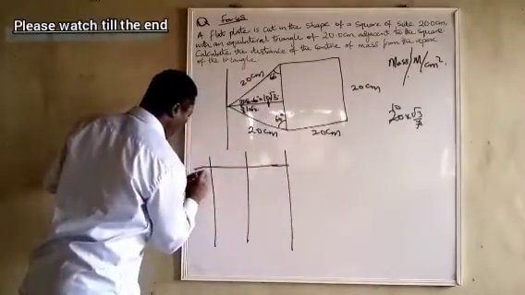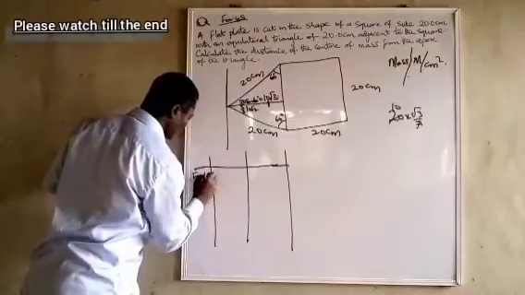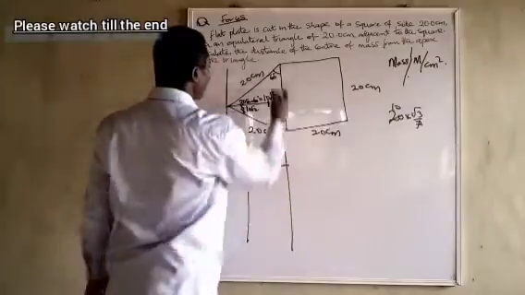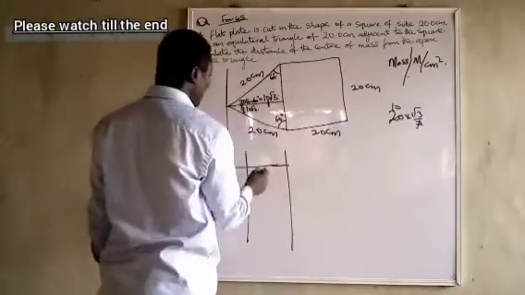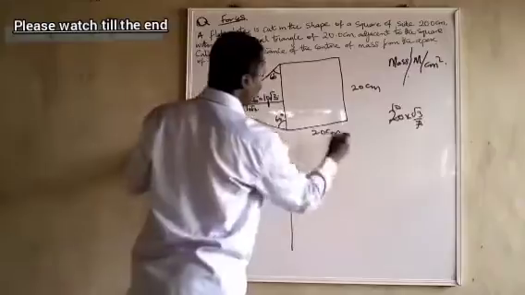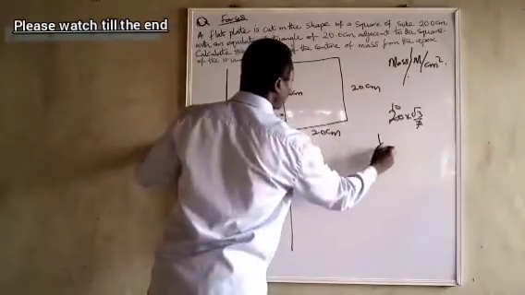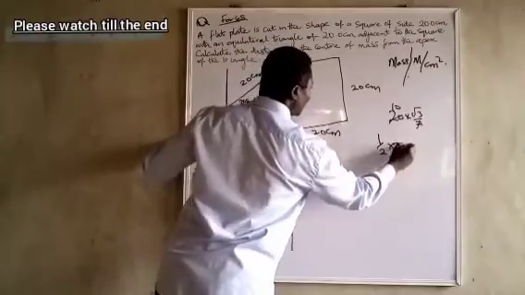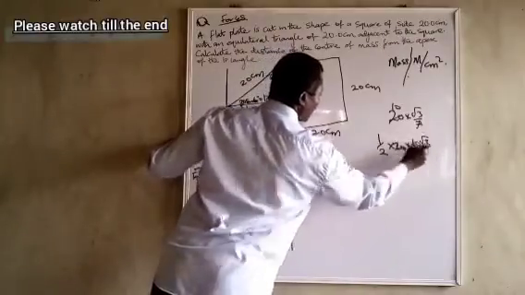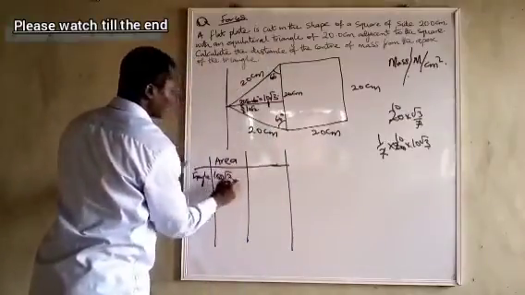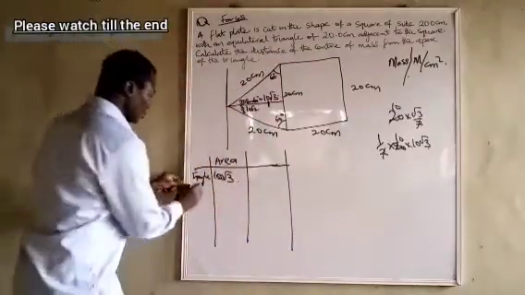For the triangle, what will be the area? Half base times height. We have the base to be 20 cm, so half times 20 times 10 root 3. The area of the triangle is 100 root 3.